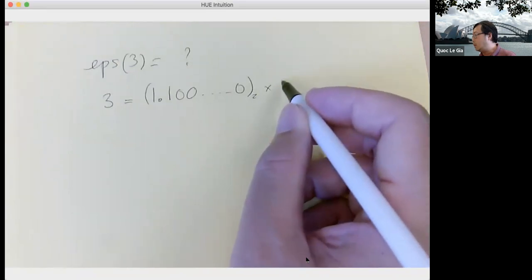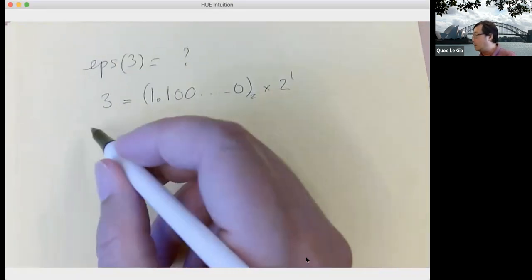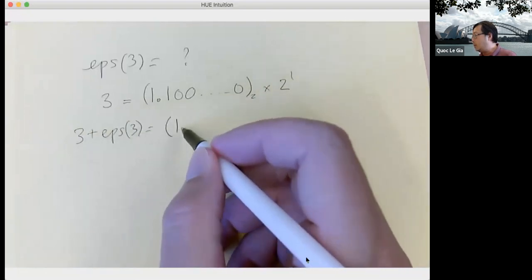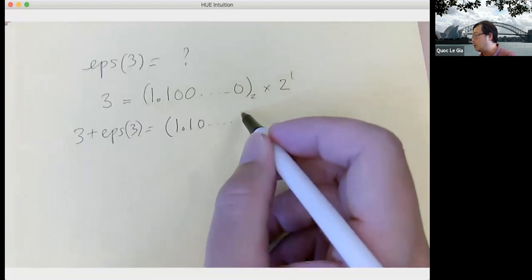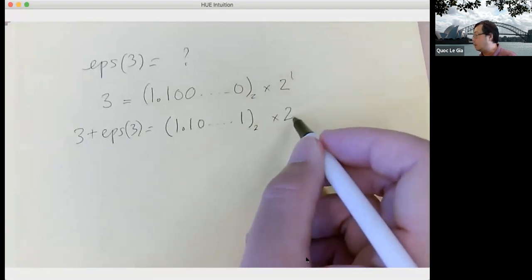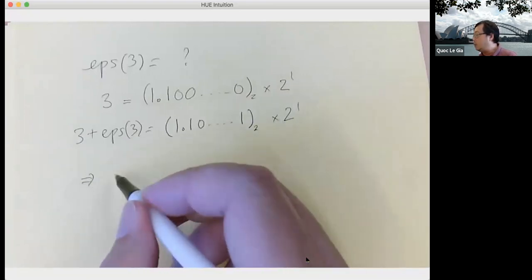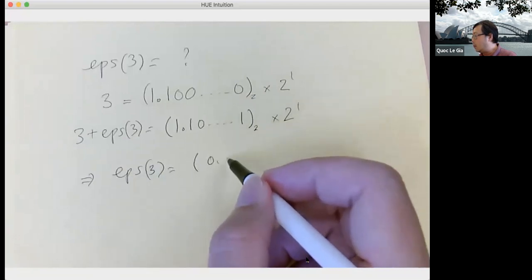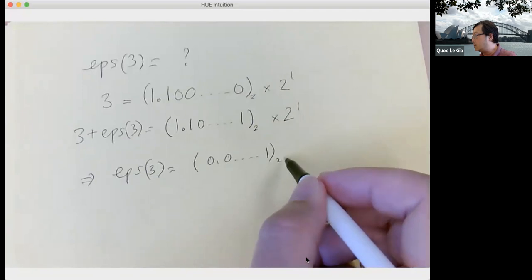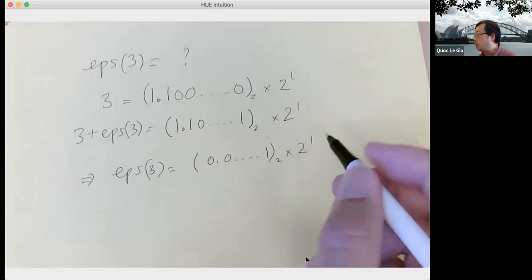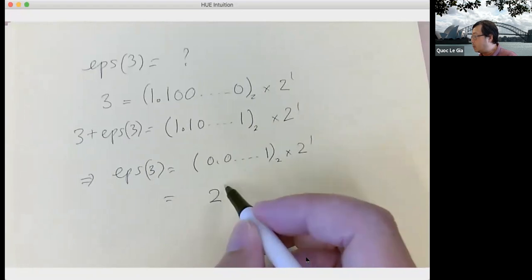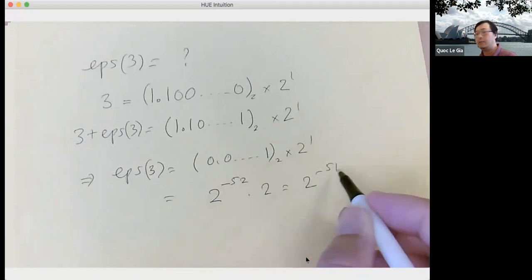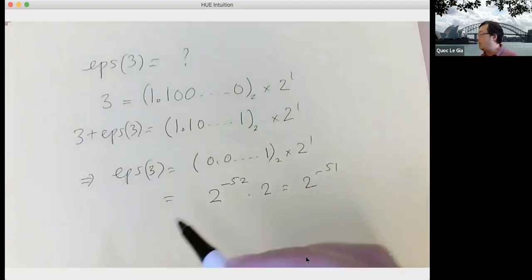Then this is how you get the number 3. Then 3 plus epsilon of 3, you just turn on the very last digit to 1. Then epsilon of 3 is 0.000 with the very last digit 1, multiplied by 2 to the 1. So this is 2 to the minus 52 multiplied by 2, so 2 to the minus 51.